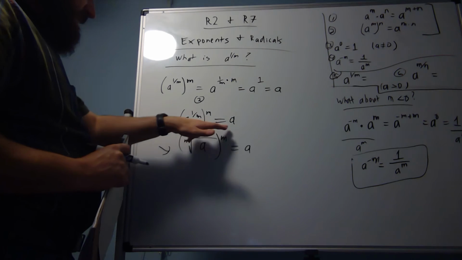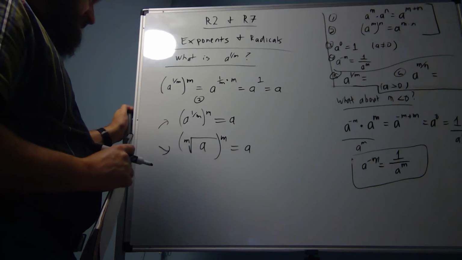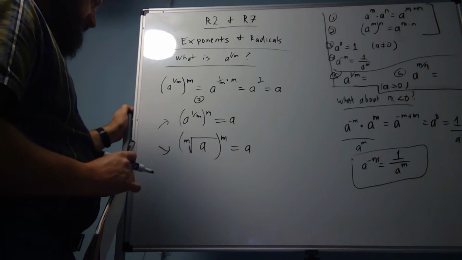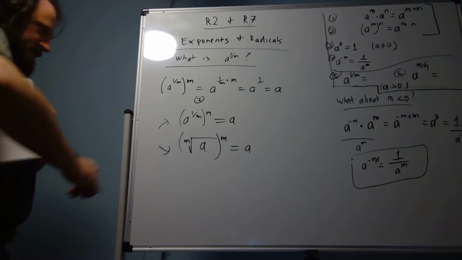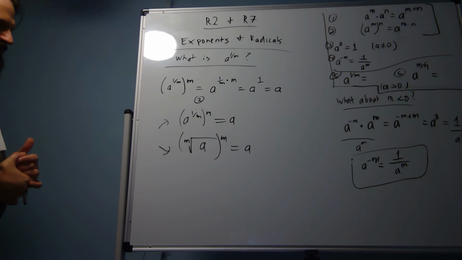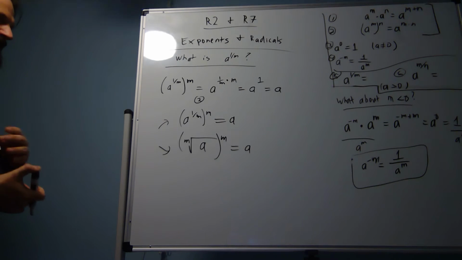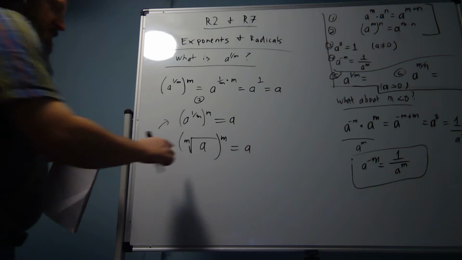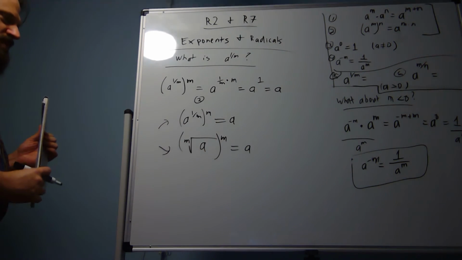It's when I raise it to the nth power, I just get a. Well, the thing that does that job is the positive nth root of a. So if m is even, maybe there's a positive and a negative nth root, but the positive nth root is what we use the radical notation for.